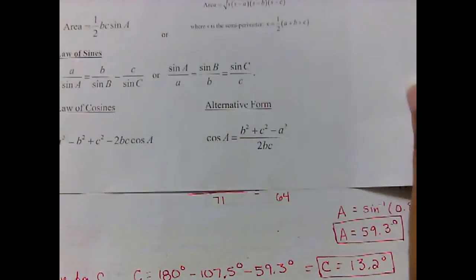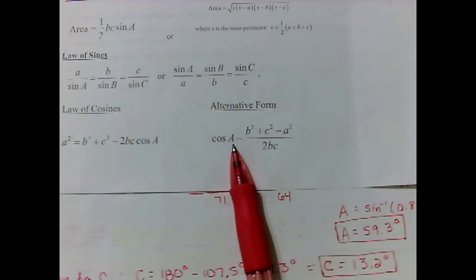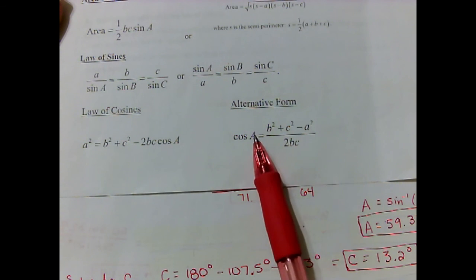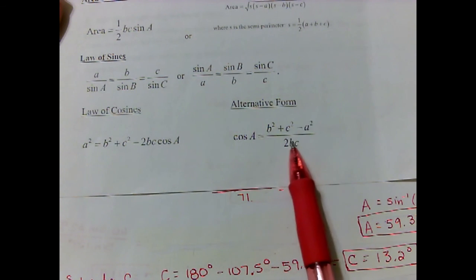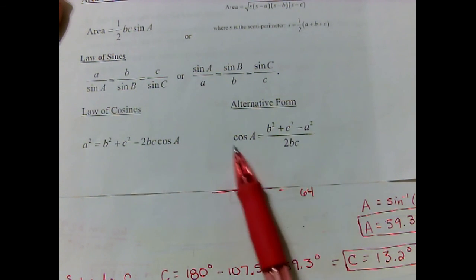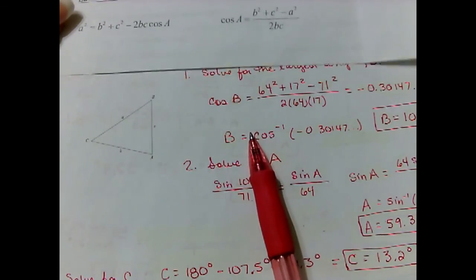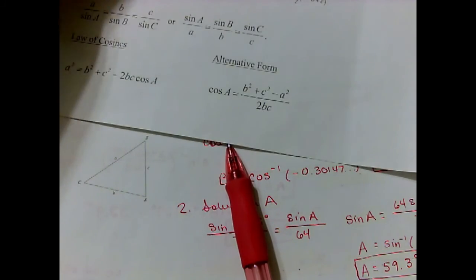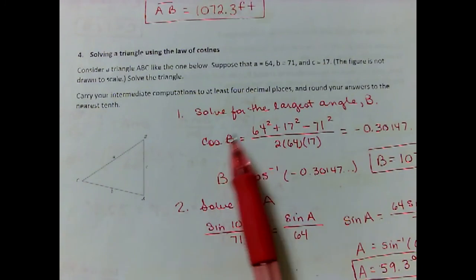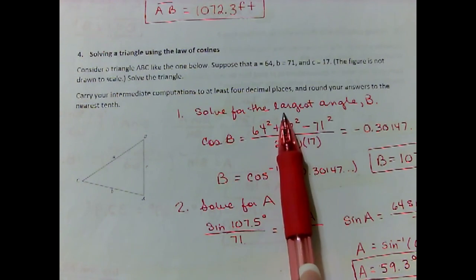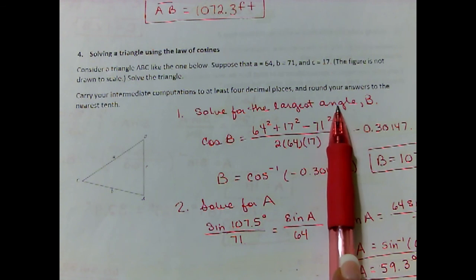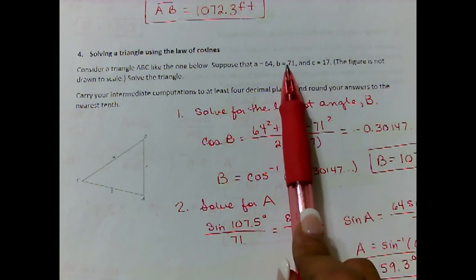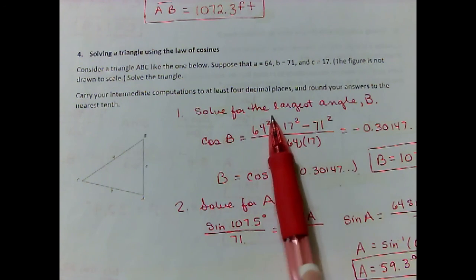Okay, so the law of cosines, we'll be using this formula because this one is if we're given an angle A. This one is if we're given the 3 different sides. So we'll be using this form here, which I went ahead and wrote out like this. So cosine, I ended up starting with angle B because remember we need to start by solving for the largest angle, and in this case, since b is the largest of the sides, we have to solve for angle B first.